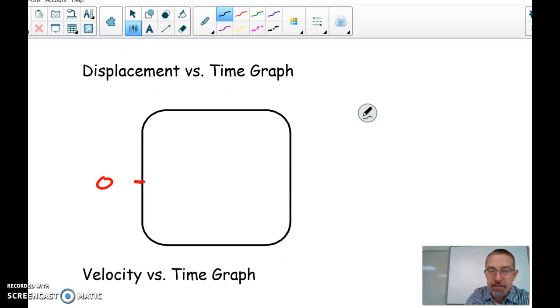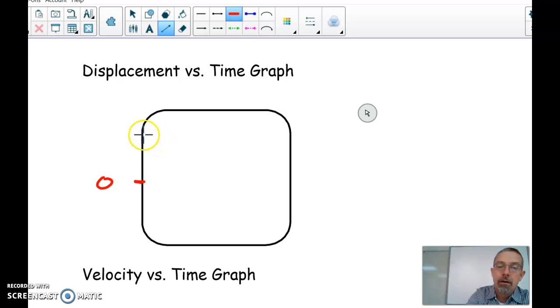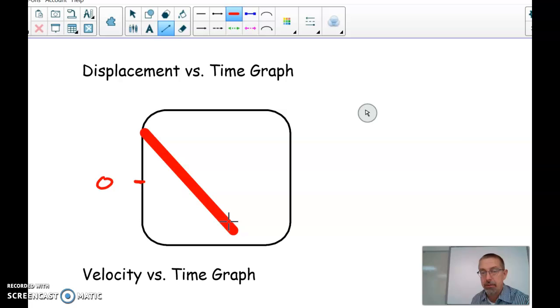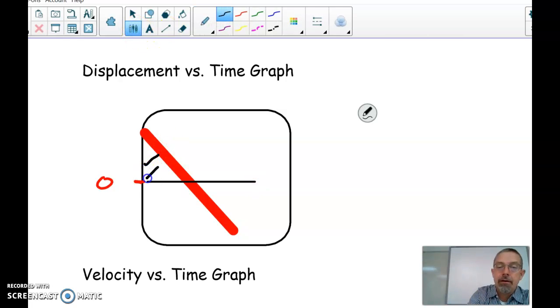If I have a velocity versus time graph, that is simply going to be a straight line because it's a constant acceleration. And what's interesting to note here is that if I calculate this area and this area, that's going to be the displacement of my object.